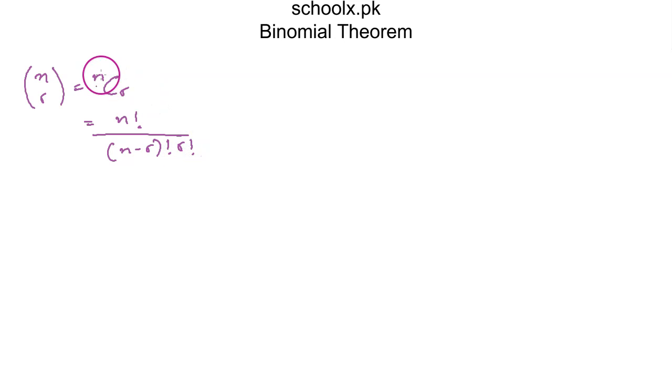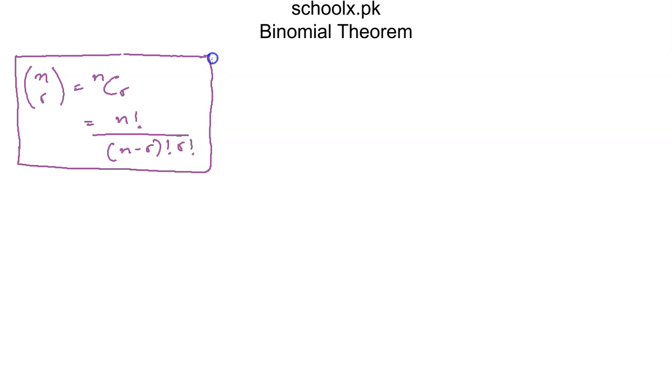You can put this in the calculator and find the value directly, but you also need to learn the formula of n factorial over (n minus r) factorial into r factorial, because in the exam, the examiner might ask about these things. Okay. Now, how to use the binomial theorem? So let's say I have an expression (a plus b) whole cube.